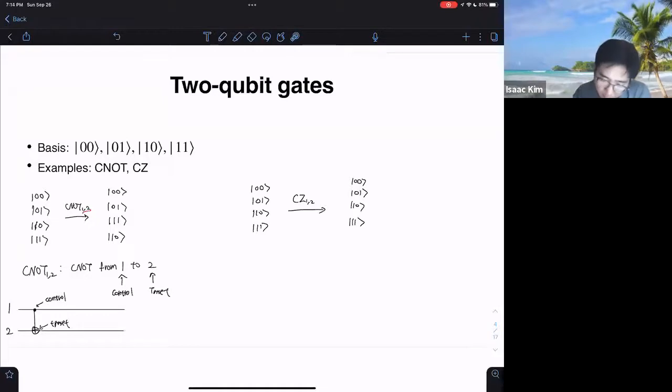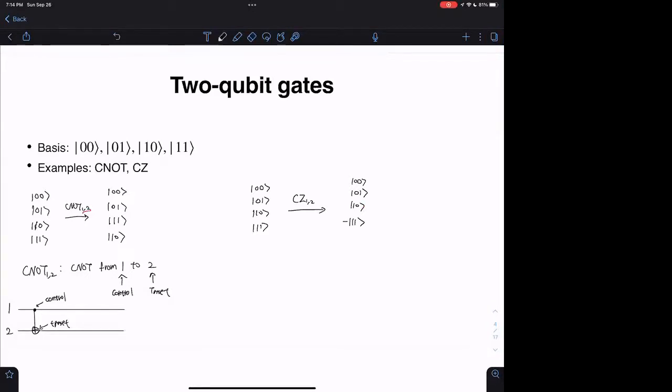So we only need to look at these two possibilities. If you apply the Z gate to the second qubit when it is in the 0 state, you do nothing. You accumulate a trivial phase. But in the second case, if it's 1, you apply the Z gate to the 1 state, then you accumulate the phase of -1.